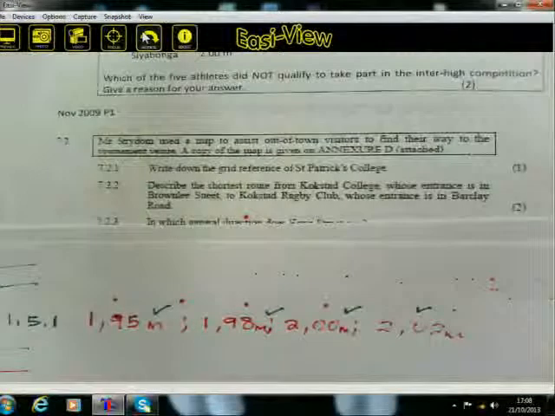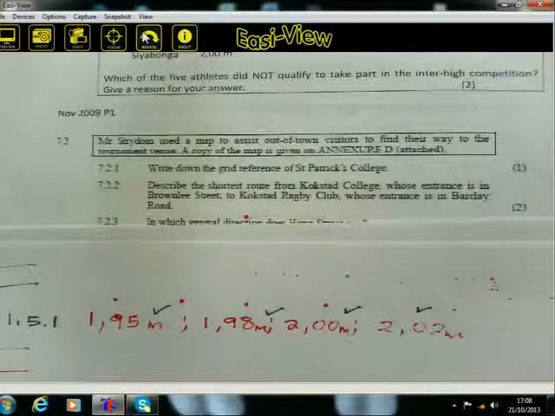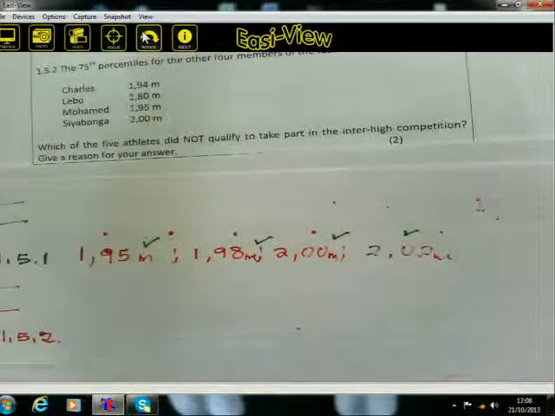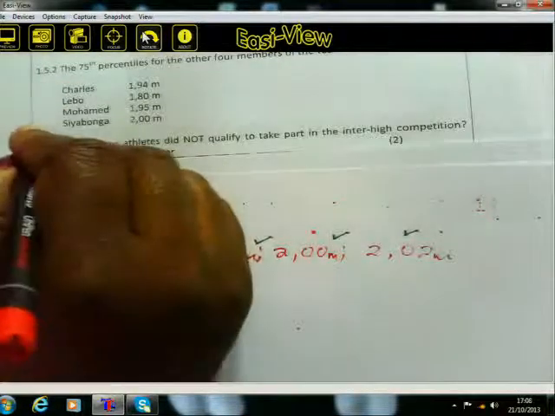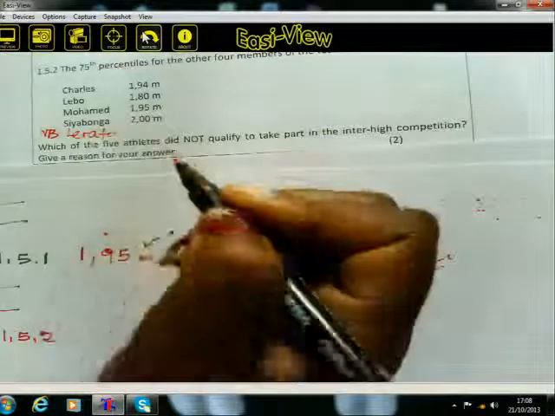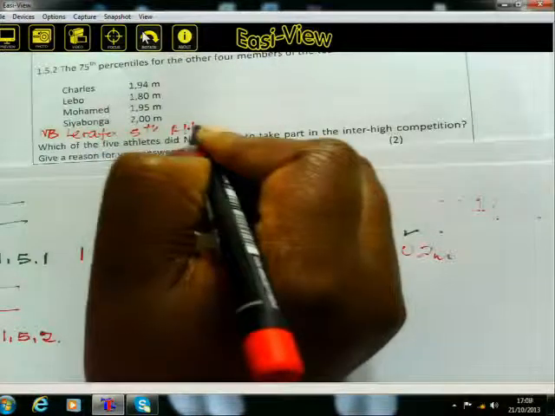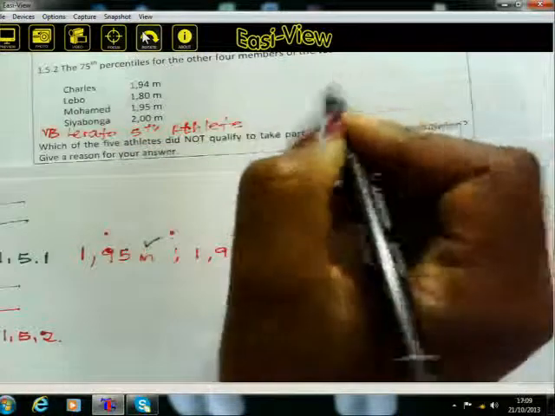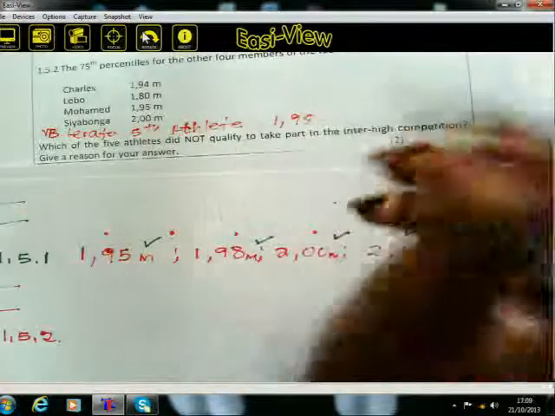can you guess who's the fifth athlete? So your fifth athlete will be whom? It will be Lerato. You can just write here, Lerato was the fifth athlete, at 1,95.